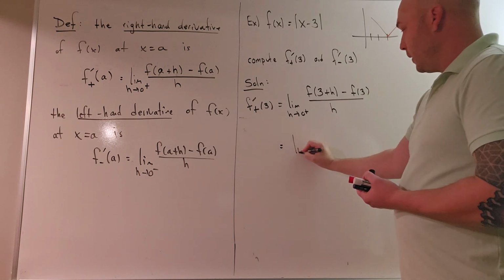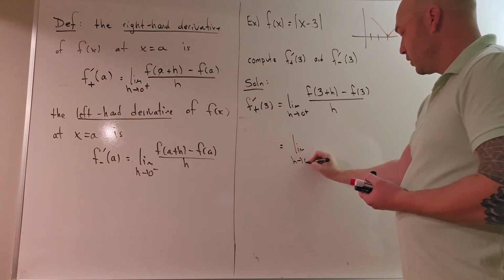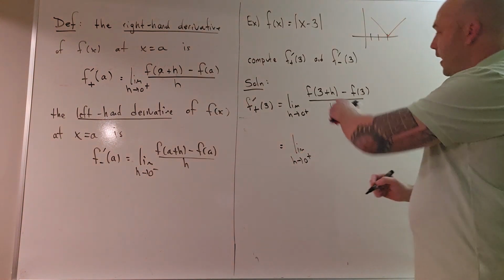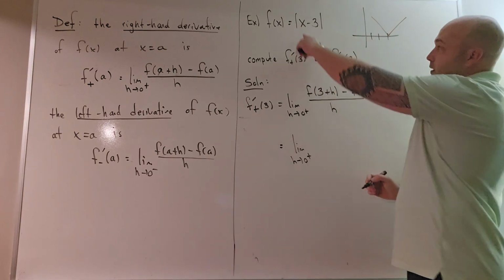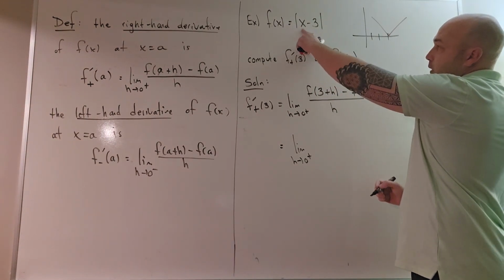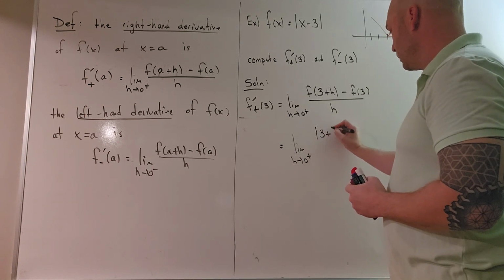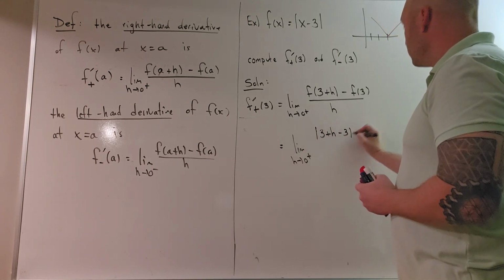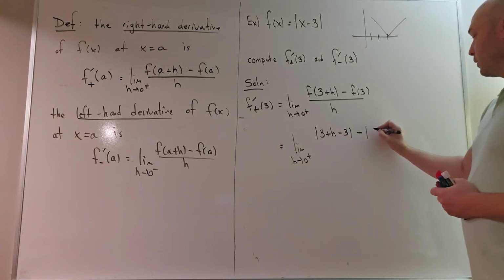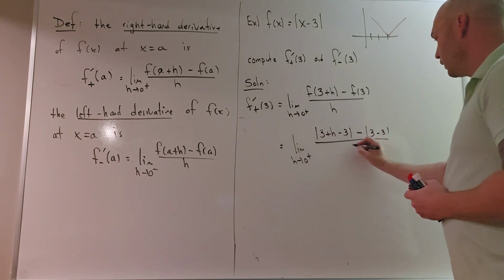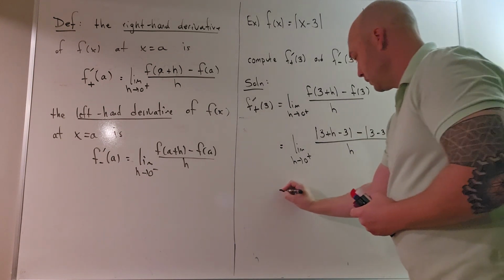This gives me the limit as h goes to 0 again from the right. F of 3 plus h, that means I'd have the absolute value of 3 plus h minus 3 minus the absolute value of 3 minus 3 over h.